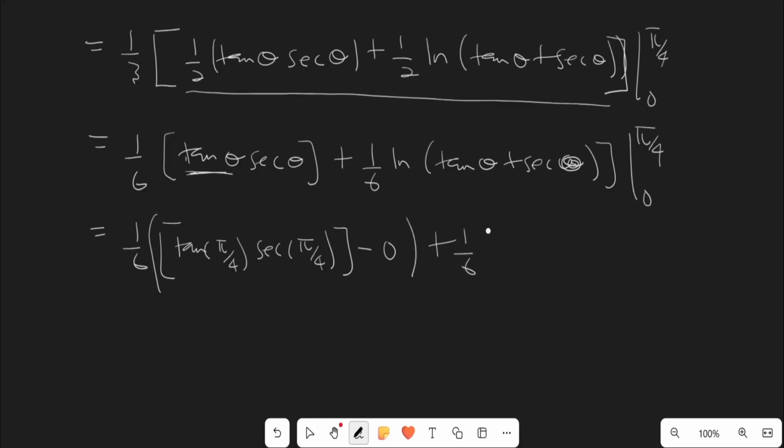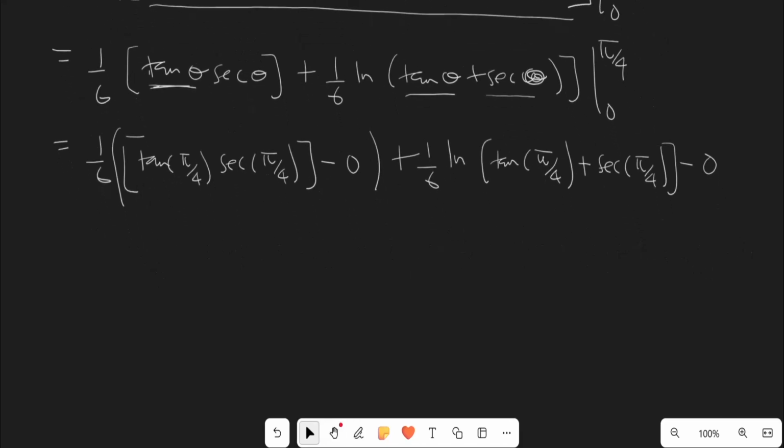And for the upper limit of the second term, that will be natural logarithm of tan of pi over 4 plus secant of pi over 4, minus 1/6 times the natural logarithm of tan of 0 plus secant of 0. Tan of 0 is 0, secant of 0 is 1, so natural logarithm of 1 is 0, so the lower limit is again 0 for the second one.